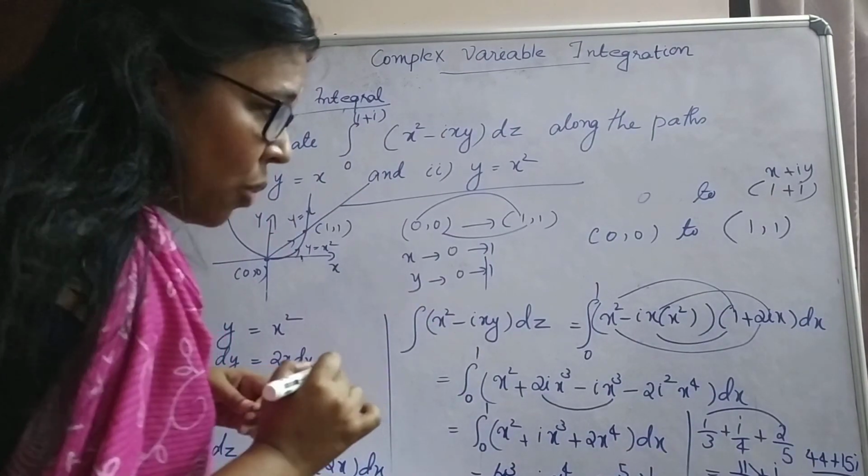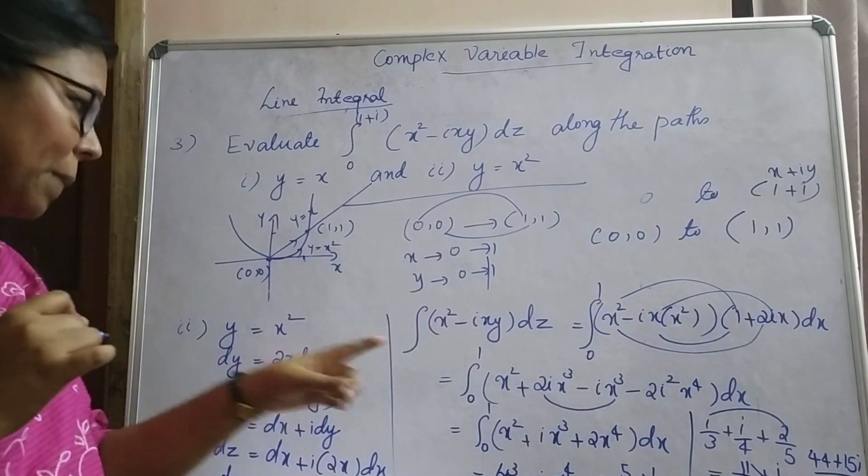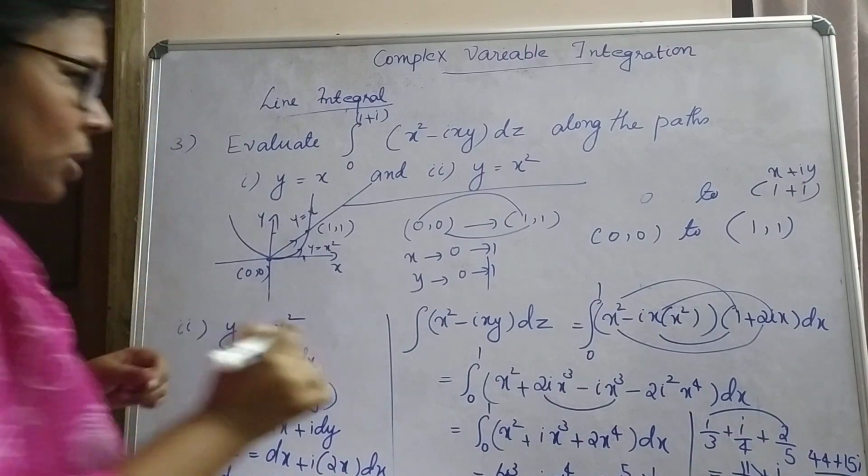Our answer is (44 plus 15i) by 60. Okay.